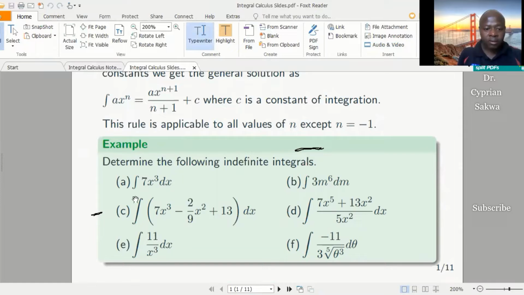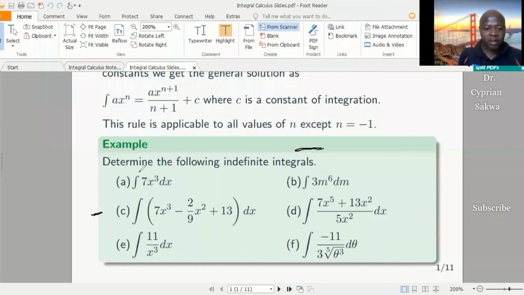Now, we want to look at these examples, and some of them are easy. The first one is very easy. As we said from our rule, we shall add 1 to the power and divide by the new power.